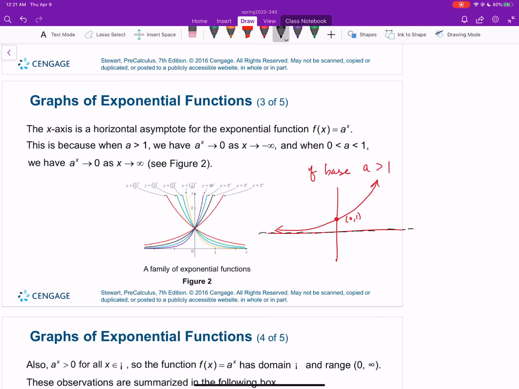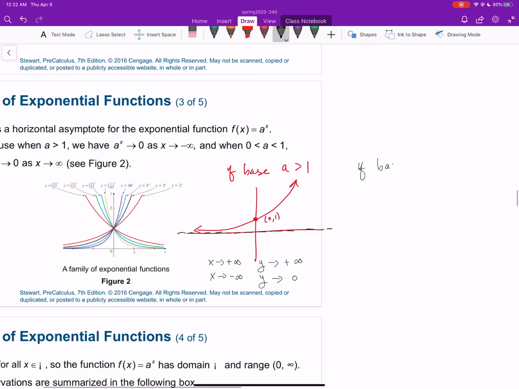And let's see what's happening as x approaches positive infinity. y is approaching what? Positive infinity. And when x approaches negative infinity, y is approaching what? 0.